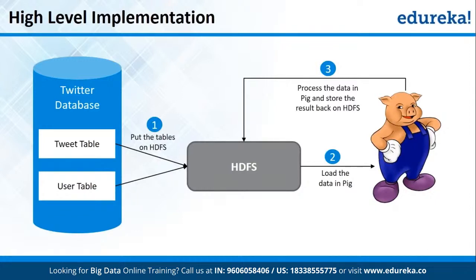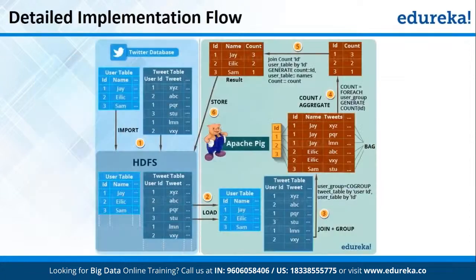The very first step is to move the data of these two tables into HDFS. Once the data is moved to HDFS, it is loaded into Pig, and finally the data is processed by Pig and the result is stored back to HDFS. So this was the high level implementation. In the next slide, we'll understand the detailed implementation of how the data flows and how Pig processed it.